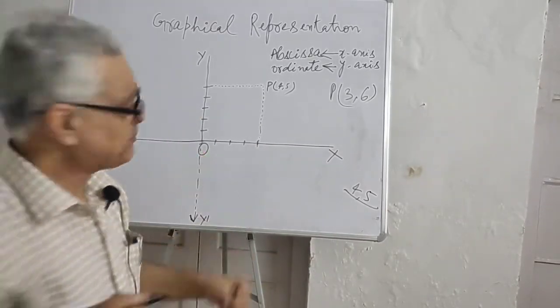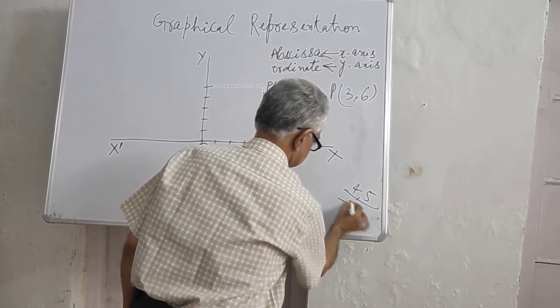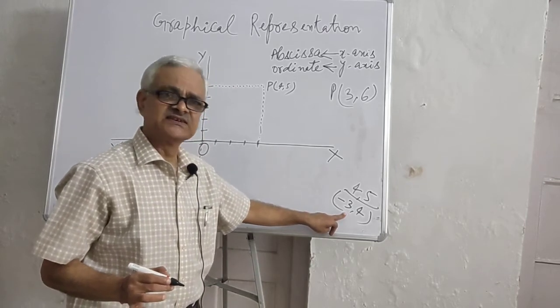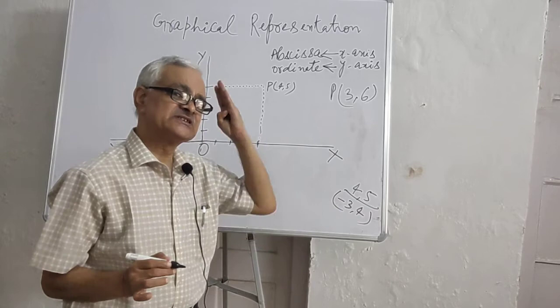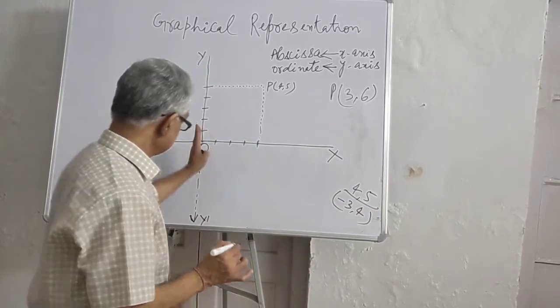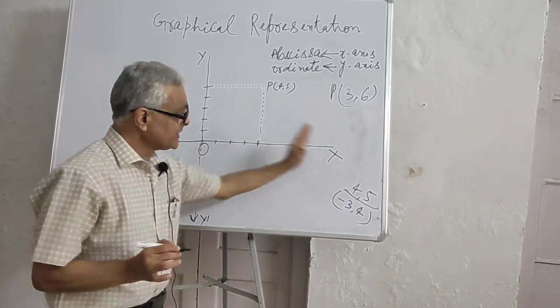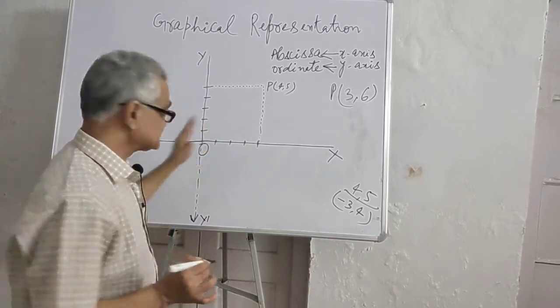Again we can take a point, let us take to understand all the 4 coordinates. You can say -3 and 4. So you can see first one is -3. Of course it is the representation of x-axis, but there is a negative sign, so we shall not locate it along OX, rather we shall locate it along OX dash.